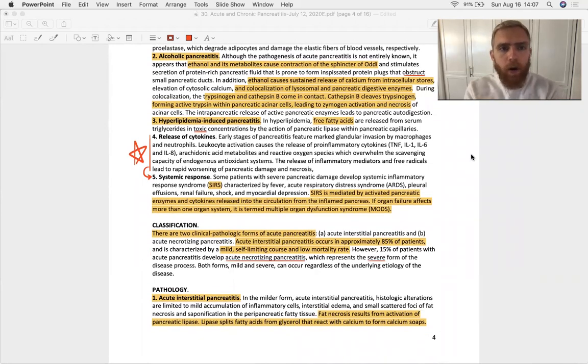So now we have a good paragraph on alcoholic pancreatitis. It appears ethanol and its metabolites cause contraction of the sphincter of Oddi. And alcohol also stimulates the secretion of protein-rich pancreatic fluid that is prone to form inspissated protein plugs that obstruct pancreatic ducts.